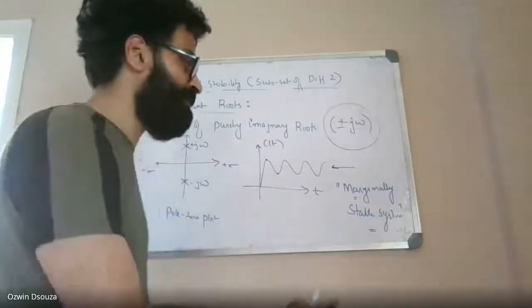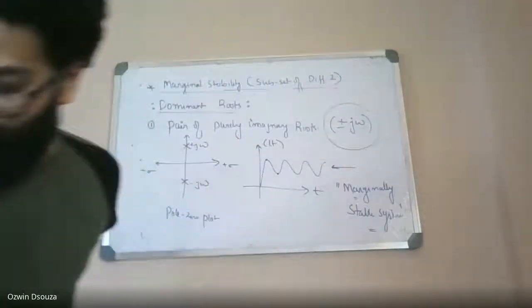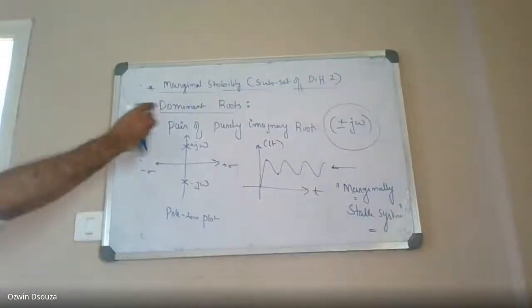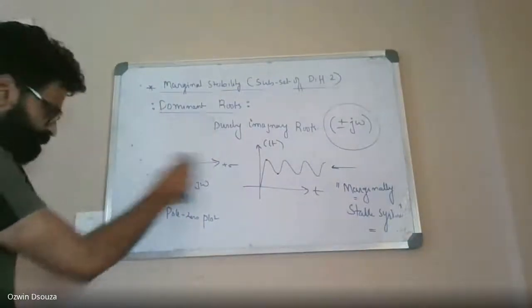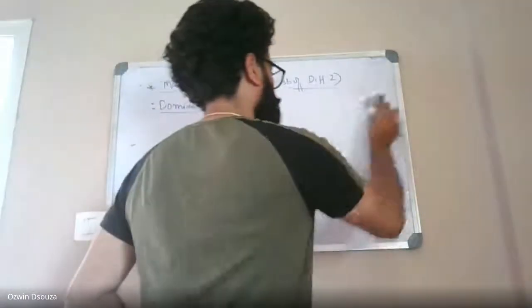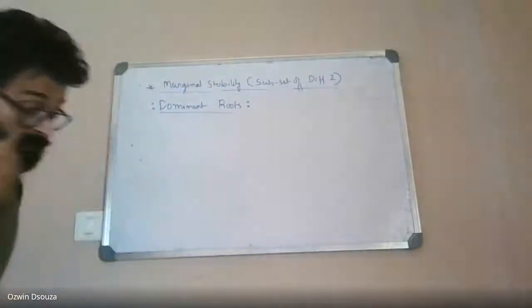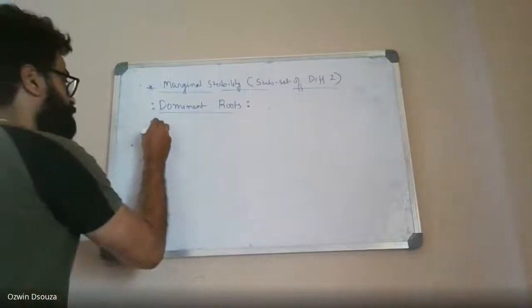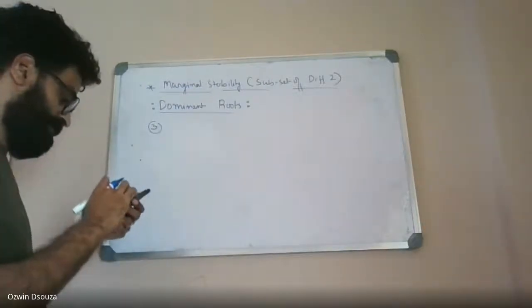Sustained response is nothing but a marginally stable response. So this is the second possibility to have the dominant roots. Third possibility.